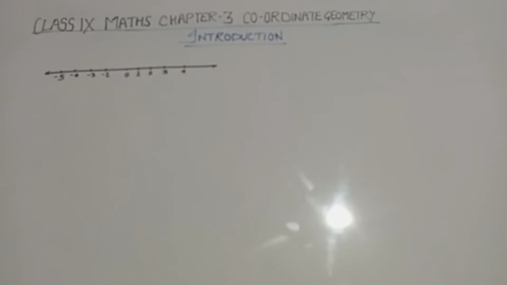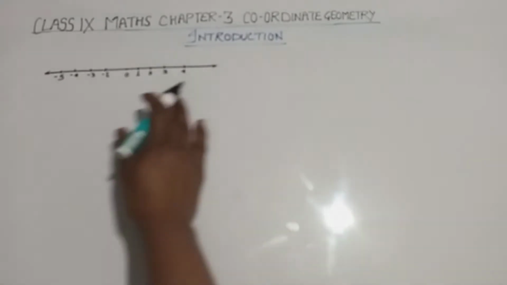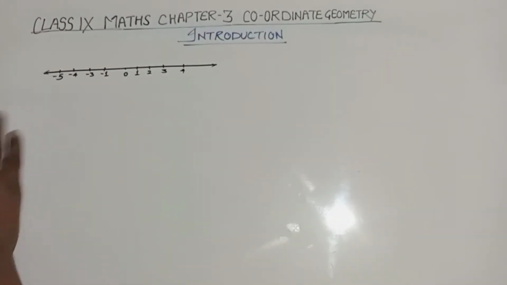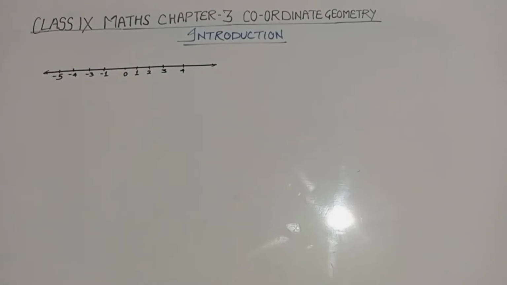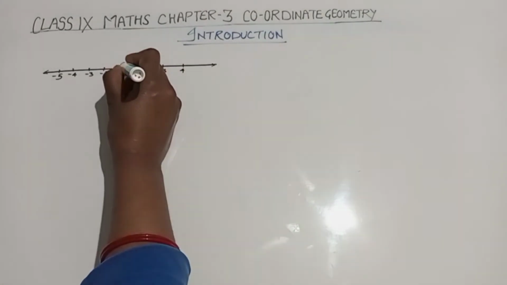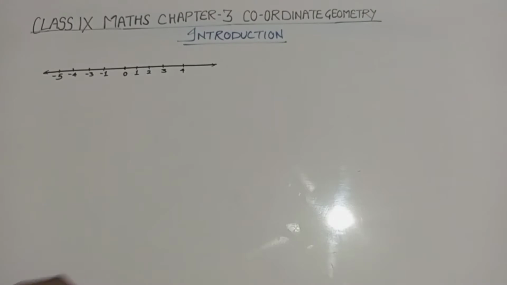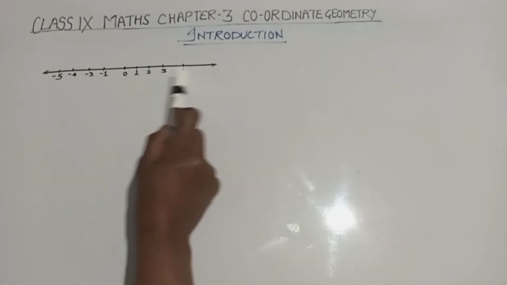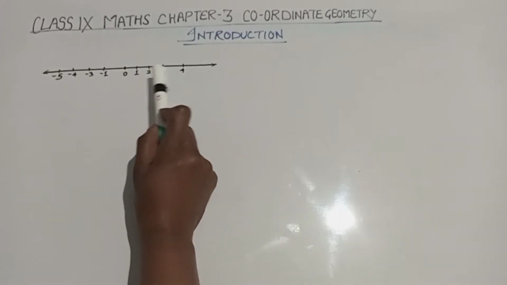The right hand side is positive and the left hand side is negative from the fixed point, that is 0. So we have already studied how to locate a point on a number line.